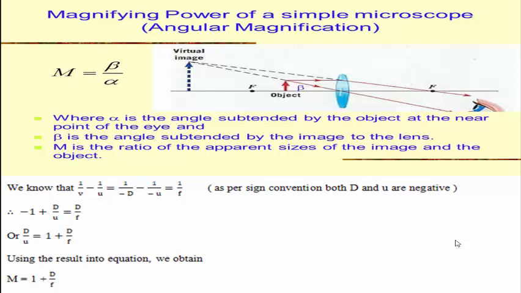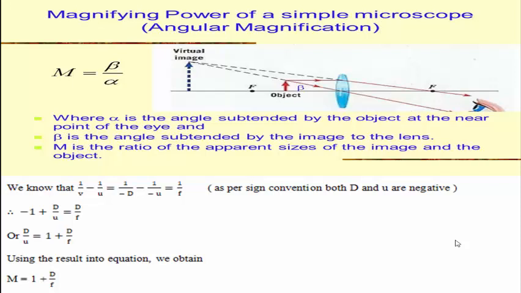1 divided by minus d minus 1 divided by minus u is equal to 1 by f. As per sign convention, both the image distance at the least distance of distinct vision, that is taken as d, and the object distance, that is u, are negative.